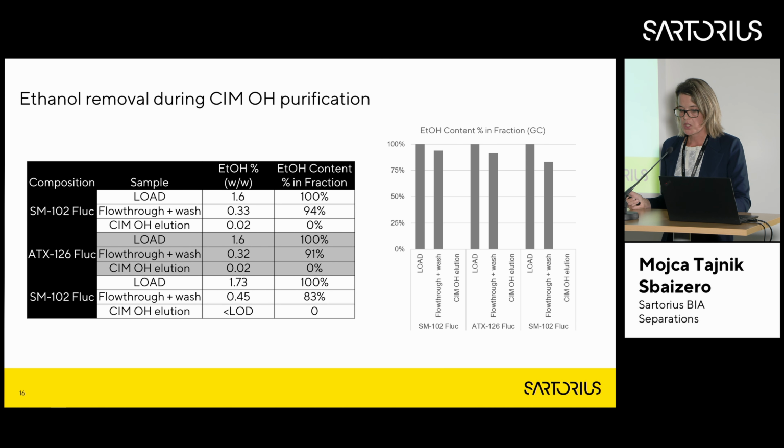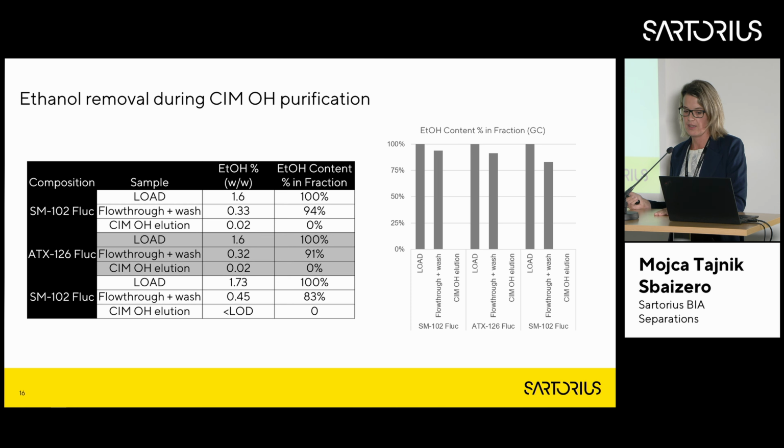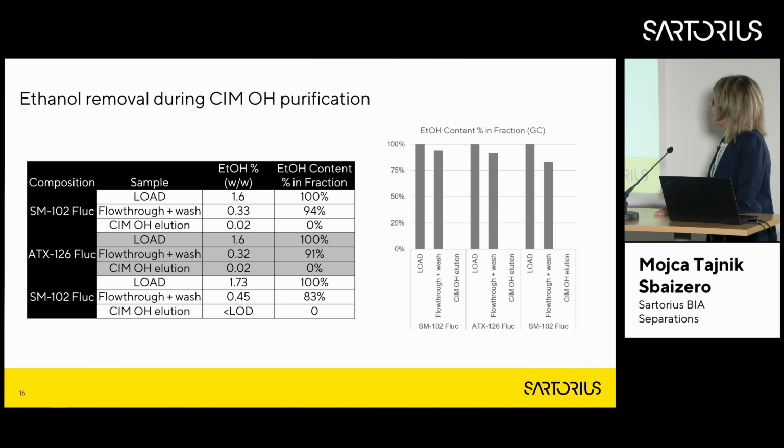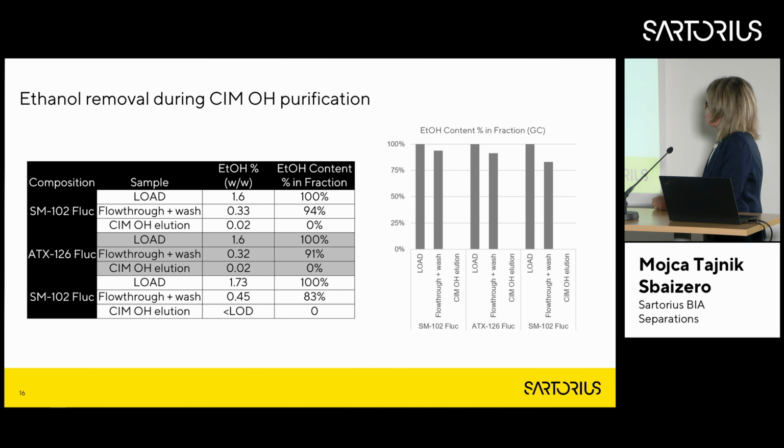We checked what happened with the ethanol, since this is one of the impurities that should be removed during purification, and it's at a very high concentration after encapsulation. You can reach 25% or so at the end of the encapsulation, so this needs to be lowered to the minimum, to very low levels, for the drug product.